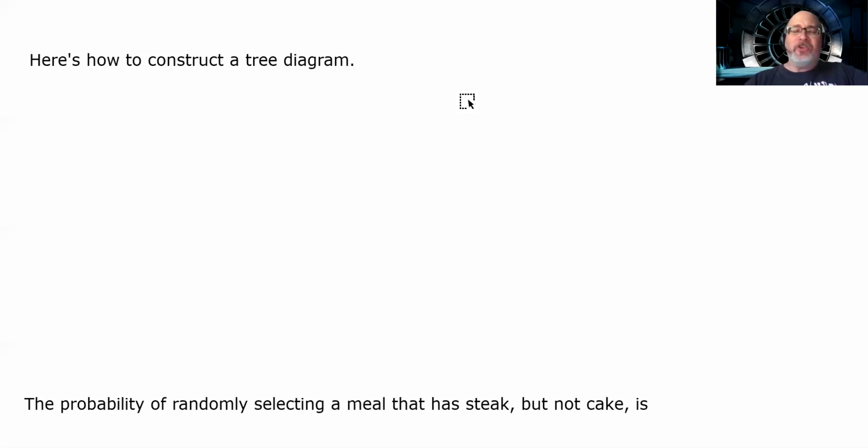But here's how you construct a tree diagram. The first thing you do is start with what's called a root, which is a single point. Then you're going to branch out from that root based on how many choices you have to make for your first decision. Our first decision is appetizer, so I'm just going to write appetizer over here.